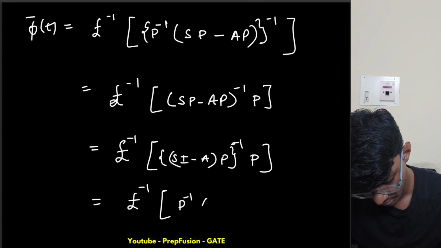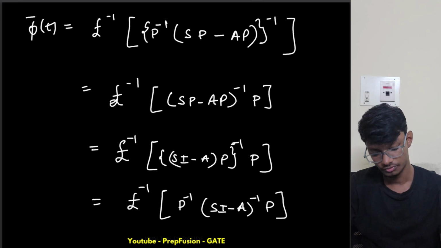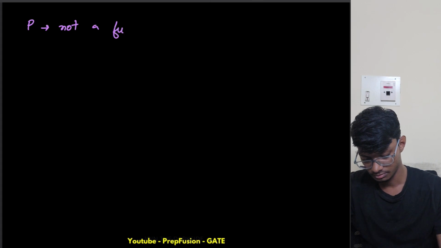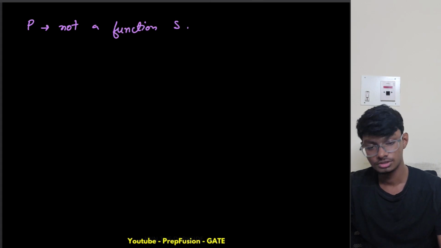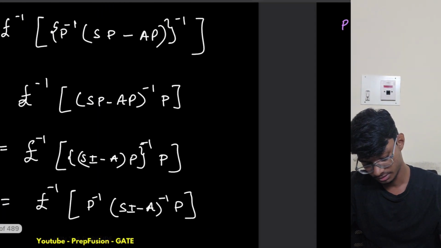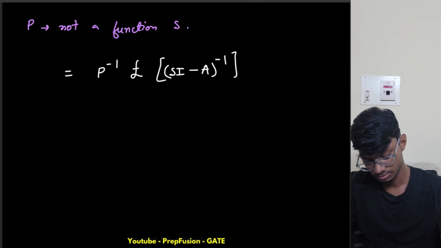This becomes P inverse (sI minus A) inverse P. Since P is not a function of s, I can take the P out. So this will be P inverse, Laplace inverse of (sI minus A) inverse, and this P is outside.